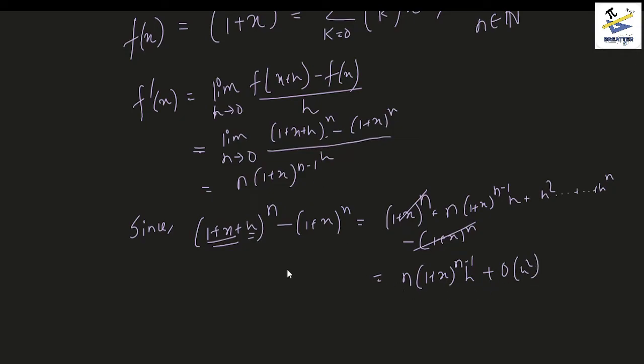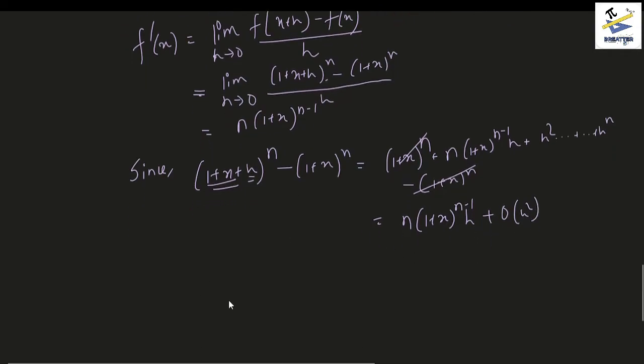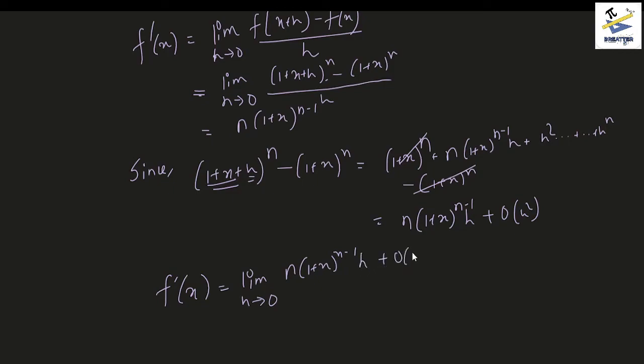So when you divide it by h, what you get is something like this: f dash x, you get limit h tends to 0, n into 1 plus x whole to the power n minus 1 into h plus O of h squared divided by h. What you get is n into 1 plus x whole to the power n minus 1 plus limit h tends to 0, order of h square and above divided by h.